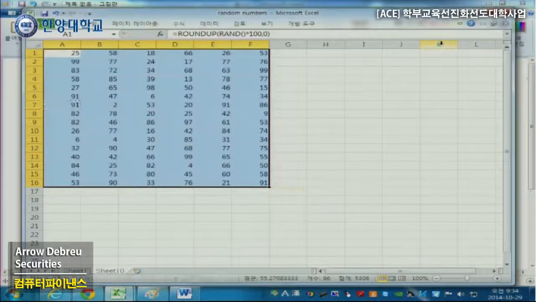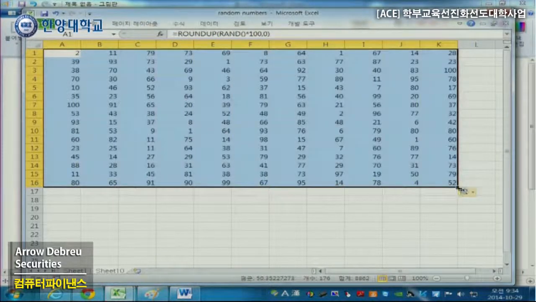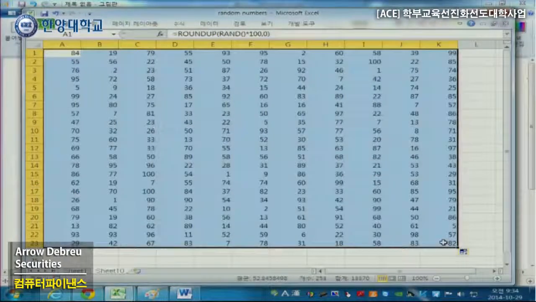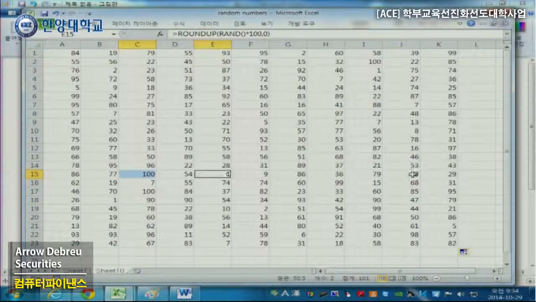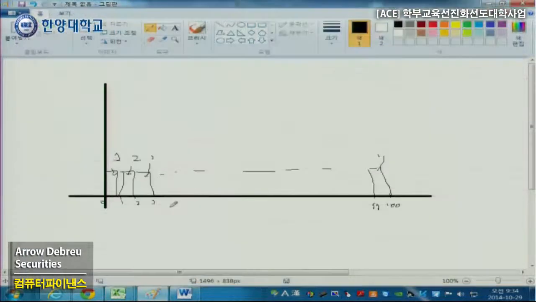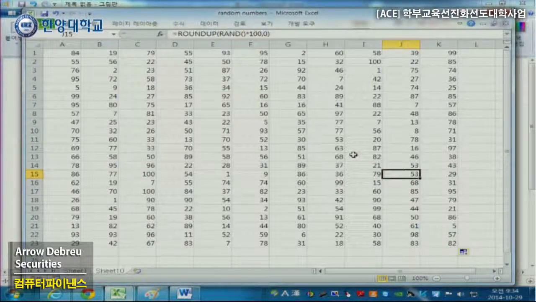I think this is right, right? Yeah, there is 101. So I'm ready to round up any number. And then at each interval, it is assigned as 1, 2, something like that. Right? Simple.